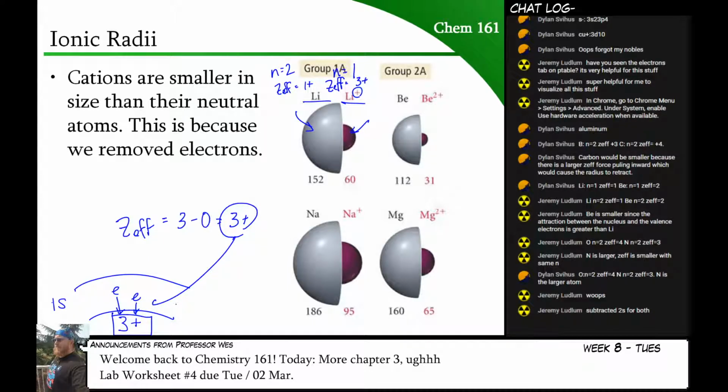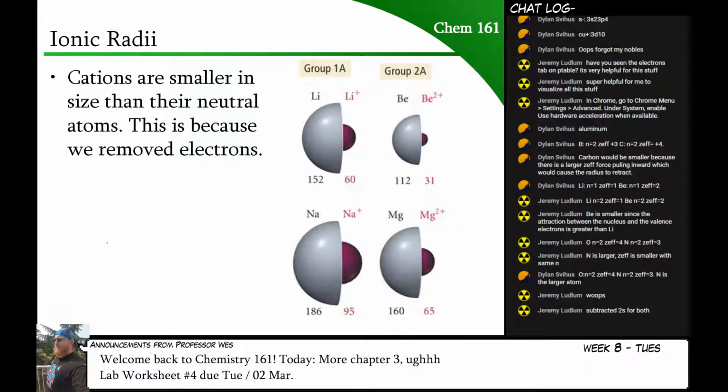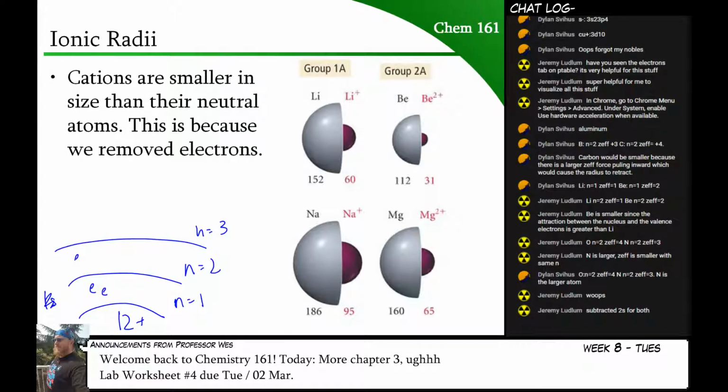Now, this will still be true even if I do something like go from magnesium to magnesium plus 1. So for magnesium, I would have 12 plus. So here would be 1s, or here's n equals 1, we'll just say. We'll make it a little simpler. So there'd be 2, and then there'd be 8, and there'd be 2.